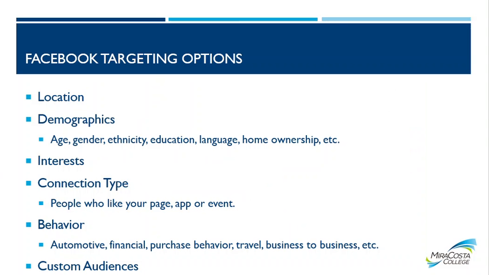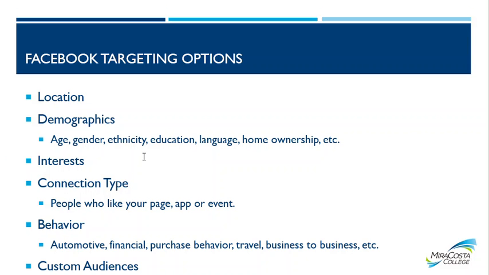So Facebook targeting options are location. Like I said earlier, do you want it just to be San Marcos? Do you want it to be a 5-mile radius? Do you want it to be San Diego, all of the United States? Maybe you're a San Diego company and you're targeting New York. You can do anything you want. Demographics: age, gender, ethnicity, education, language, homeownership, anything you want. Homeownership would be great if you're into real estate or mortgages.